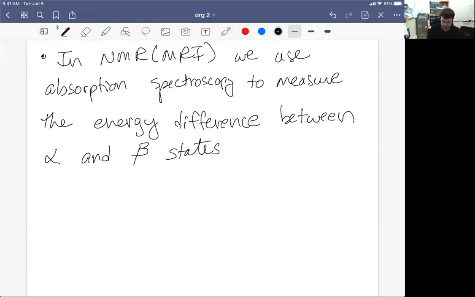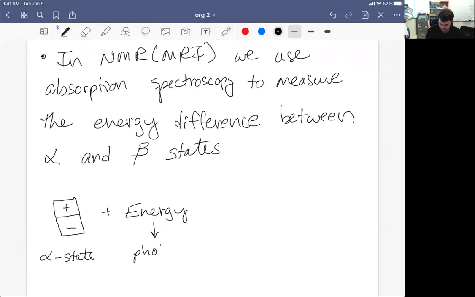Now, more specifically, what the process looks like is we consider our bar magnet first in the alpha state, which for my pictures that I was providing earlier, would have the positive magnetic pole facing up to match that magnetic field from H0. Now we're going to supply some energy to the system, and that energy is a photon.